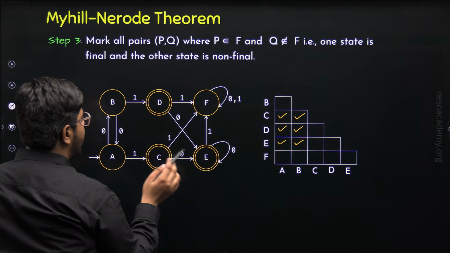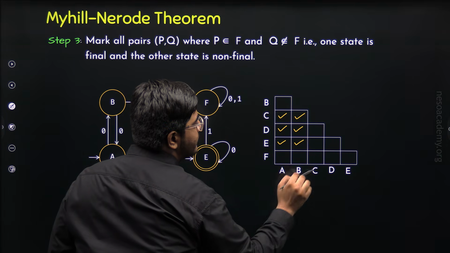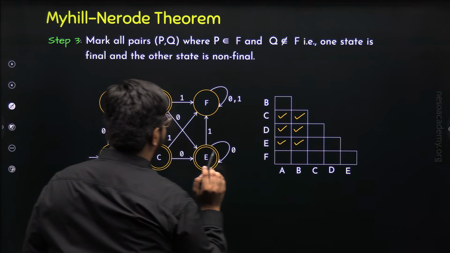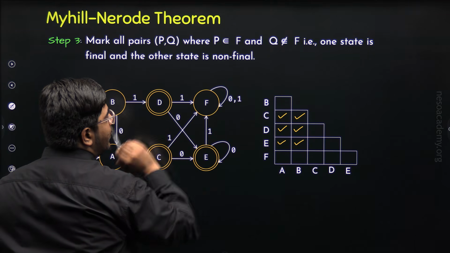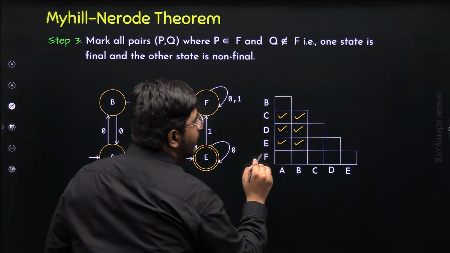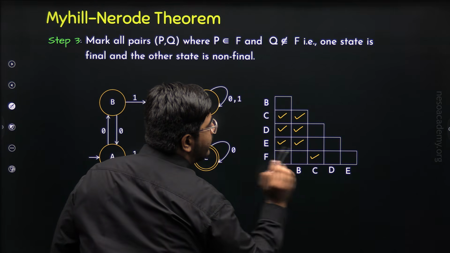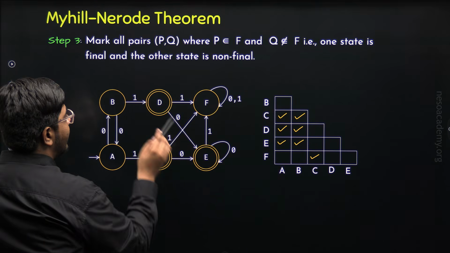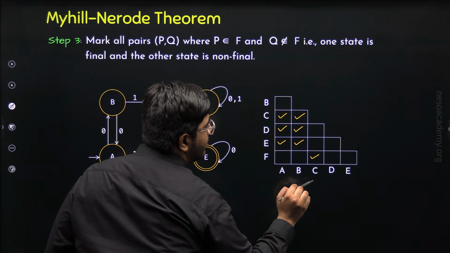EC, E and C, both are final. So we cannot mark EC. FC, FC, one final and other non-final. So we can mark FC. Now, ED, E and D, both are final. So we cannot mark ED.